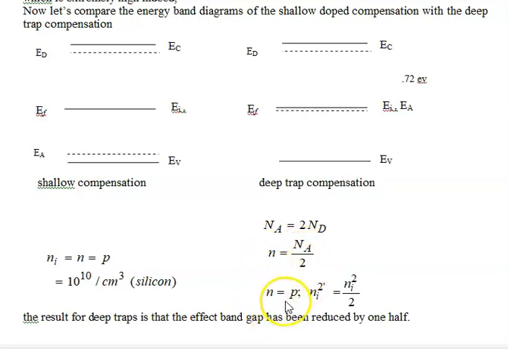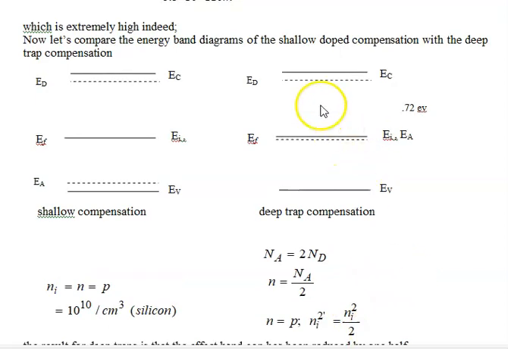And since N is equal to P, we find that the compensated Ni squared is the Ni squared, whatever that would be. In the case of gallium arsenide, it's 10 to the 6th or 10 to the 7th squared divided by 2. So effectively what we've done is we have halved the band gap.